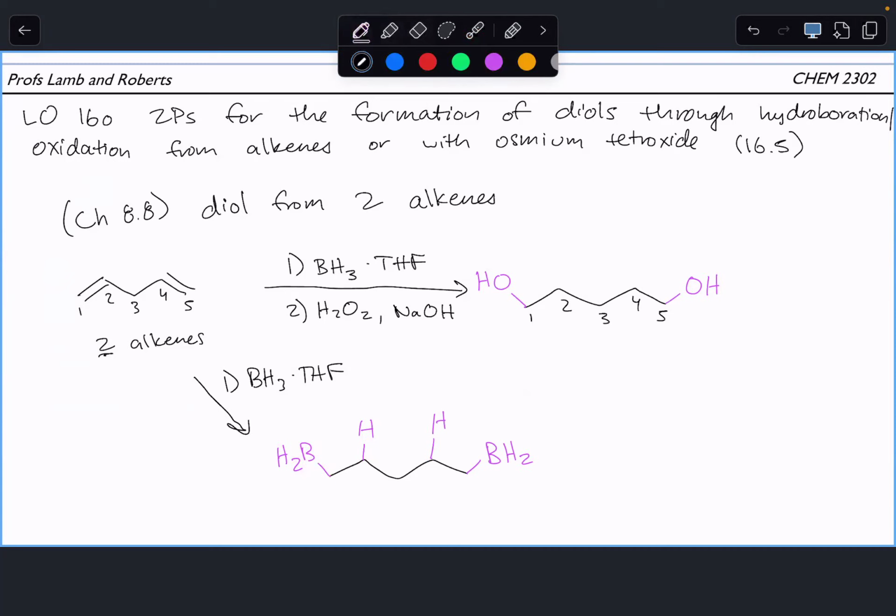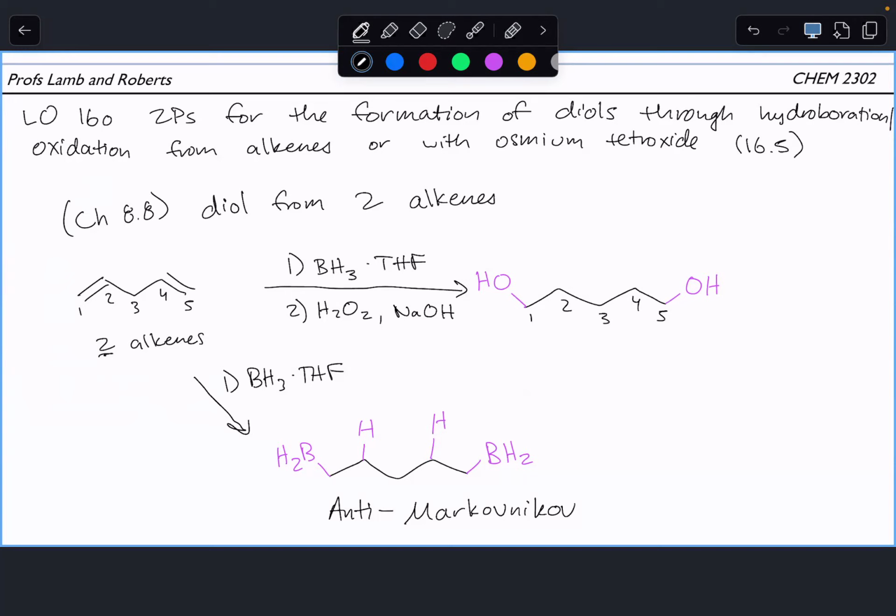As a reminder, this has anti-Markovnikov selectivity, which means that the boron ends up on the least substituted carbon. So hopefully that sounds semi-familiar from 2301, anti-Markovnikov selectivity. That's what's special about this reaction, that it gives you that anti-Markovnikov selectivity.